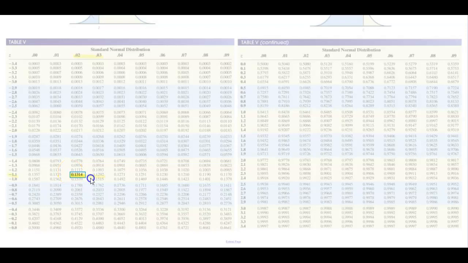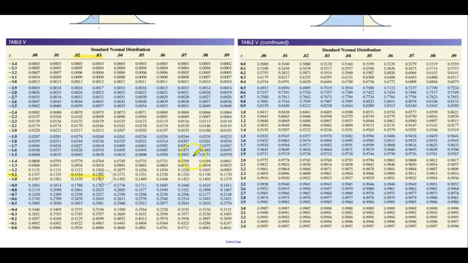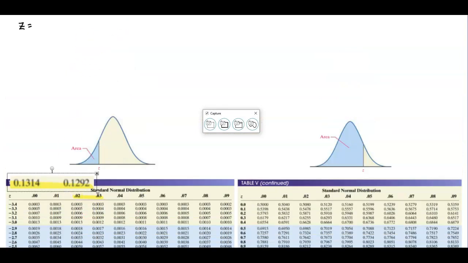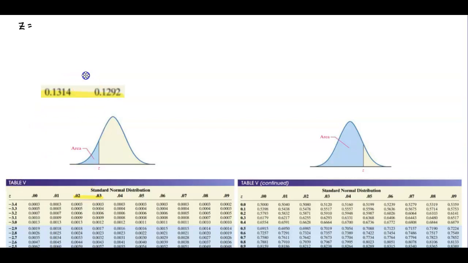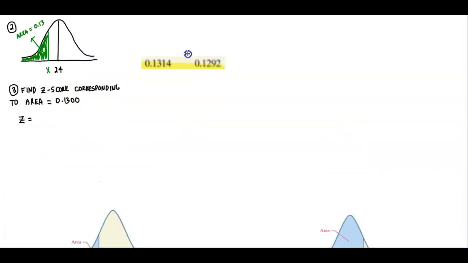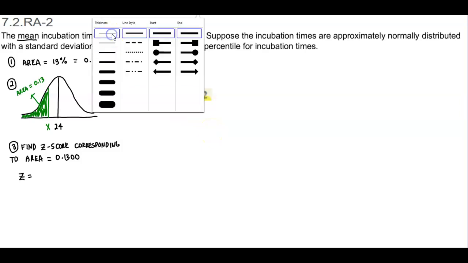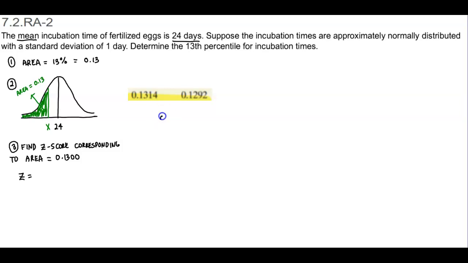We're going to take these two numbers and figure out which one it is closer to. We know that 0.1300 is in the middle. So what is the difference between those two?